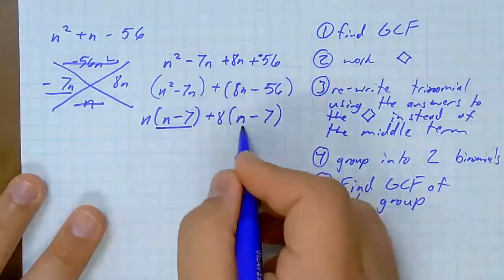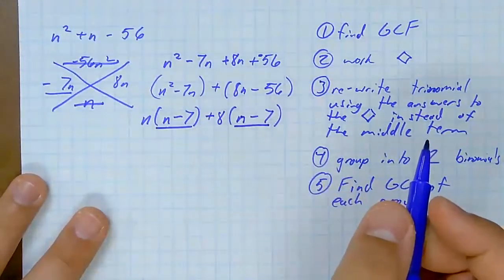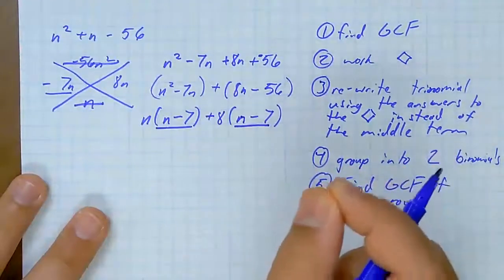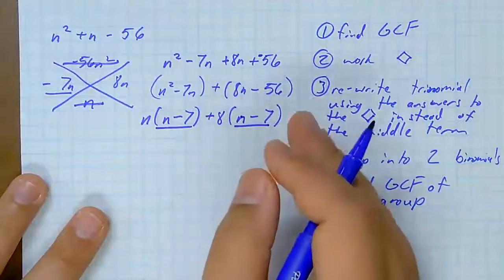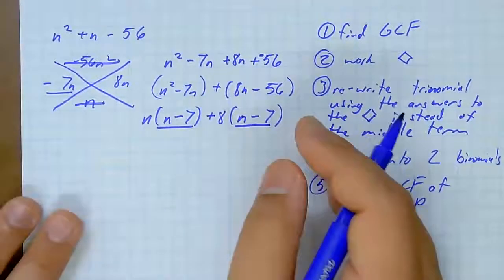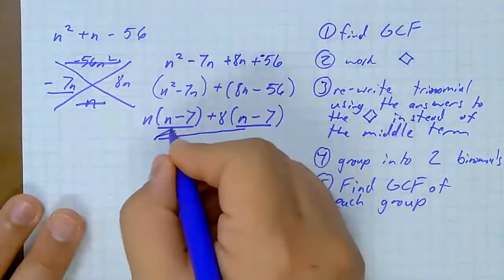Now you might notice what's left behind in the parentheses match, and they have to match. If they do not match, we cannot move on. It is not correct, okay? So we'll make a note of that right now.